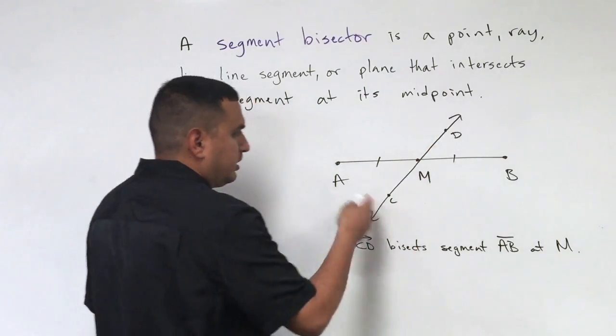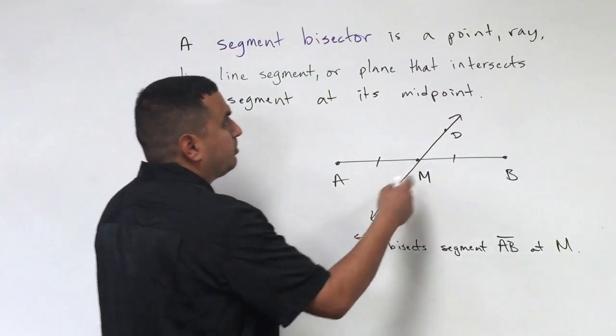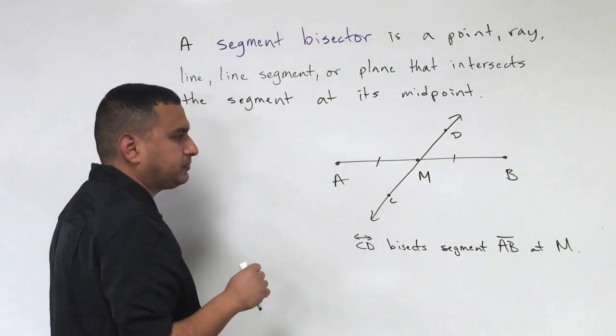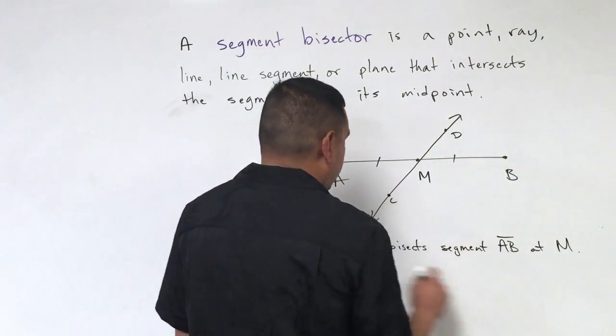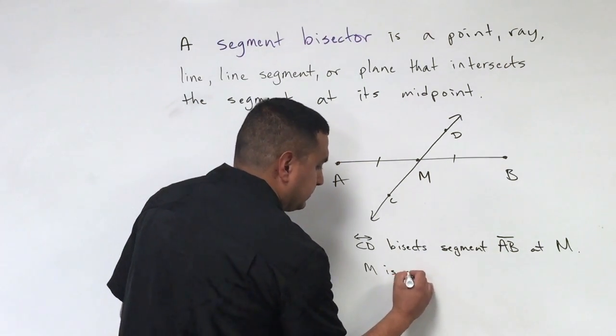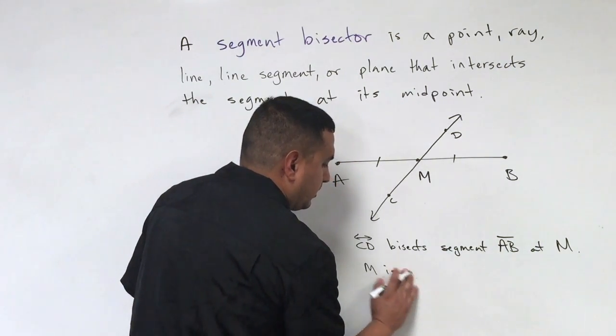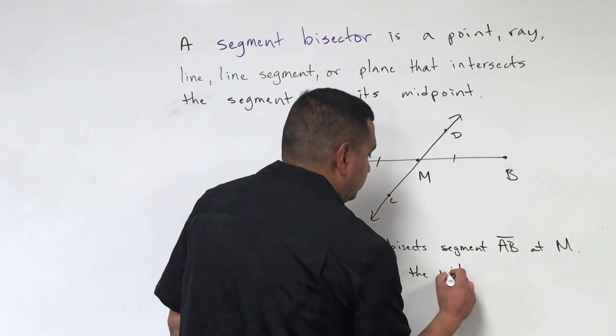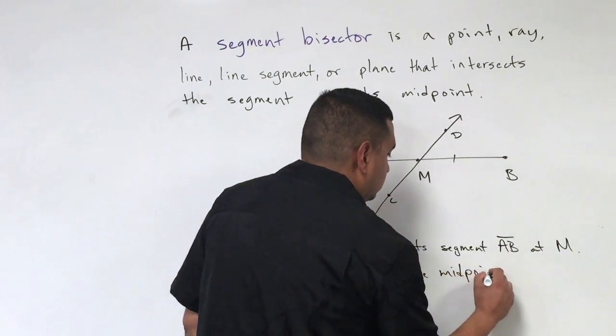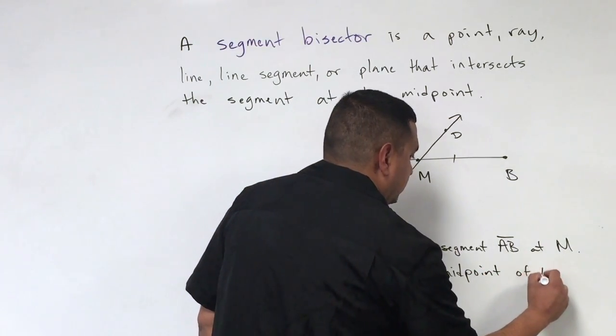That I have a line cutting through a segment. It could be a point or ray, could be anything. If line CD bisects segment AB at M, that means that M is the midpoint of segment AB.